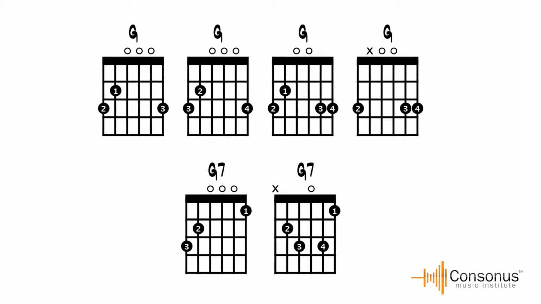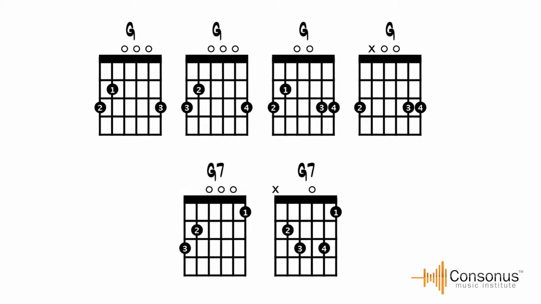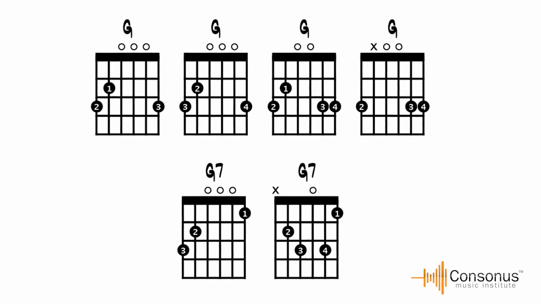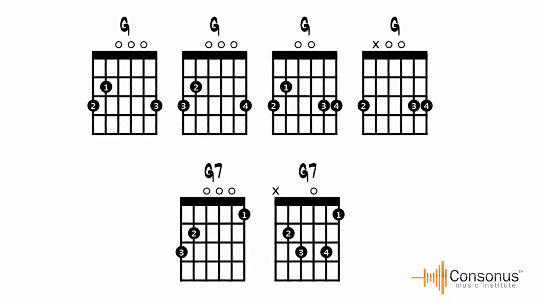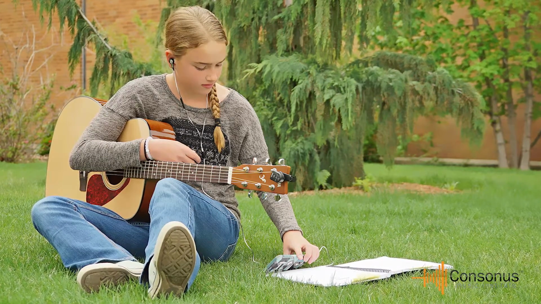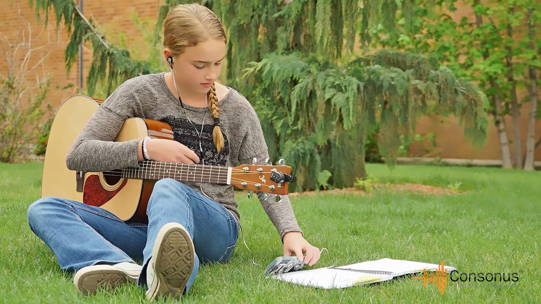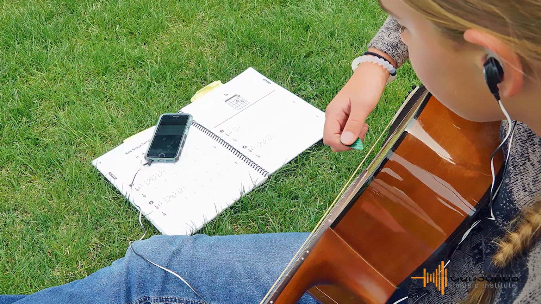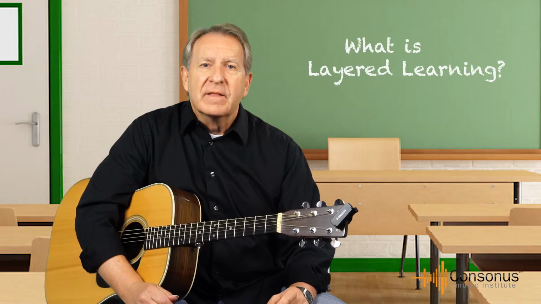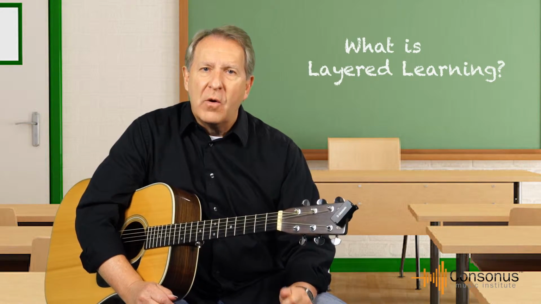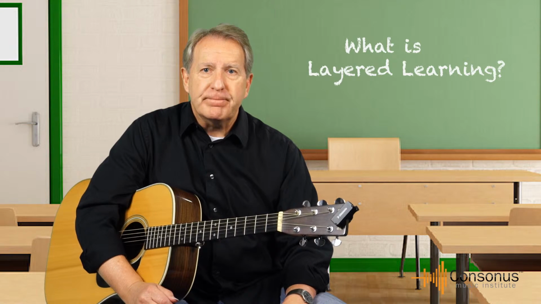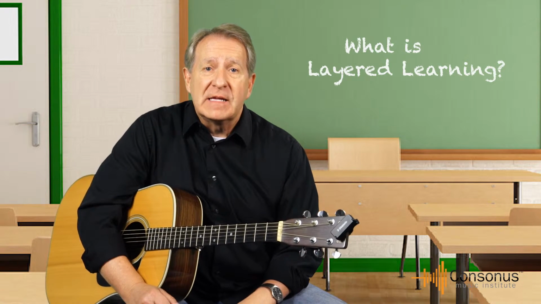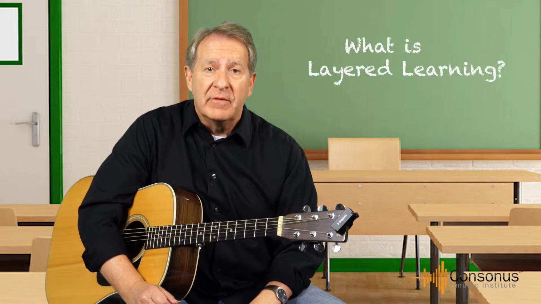This page showing the more advanced fingerings of the G and G7 chords could be copied and given to the more advanced students, or better yet, if they have access to the Consonus site, they can view the layered learning section of this lesson, including the related video, on their phone, their tablet, or their computer. The layered learning section of each lesson is always available to them online. You've now kept all the students in the class engaged regardless of their skill level.